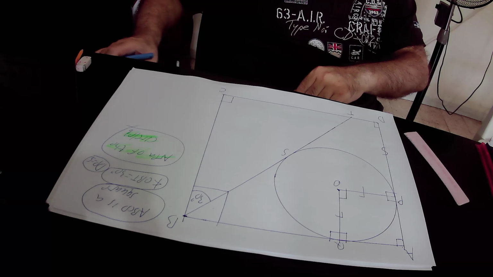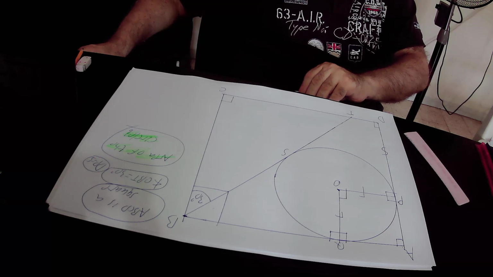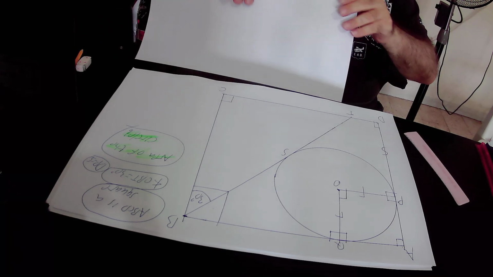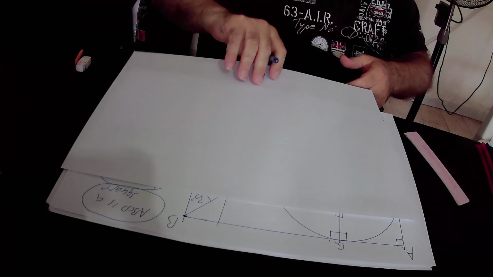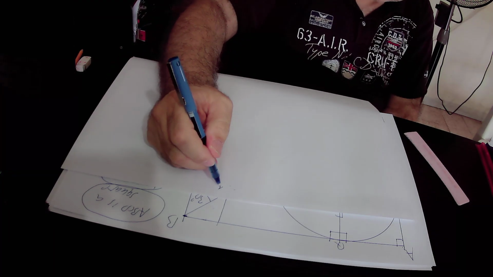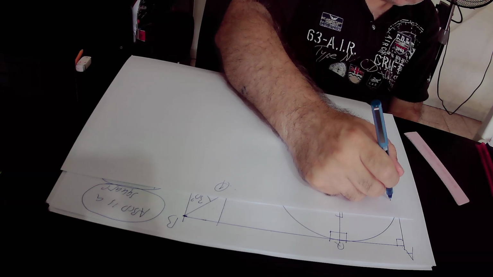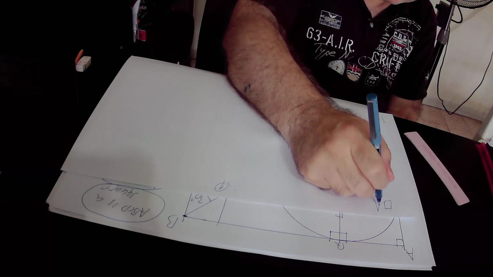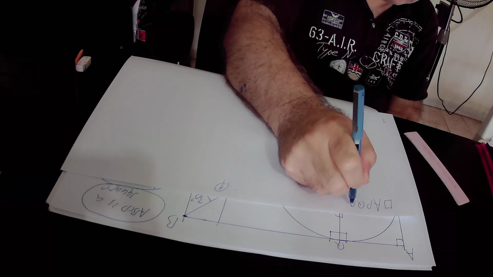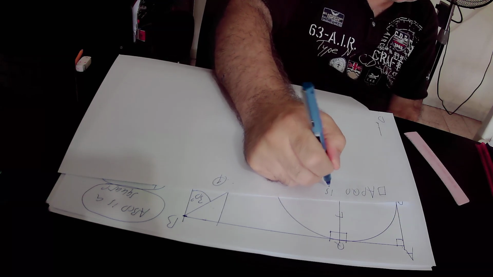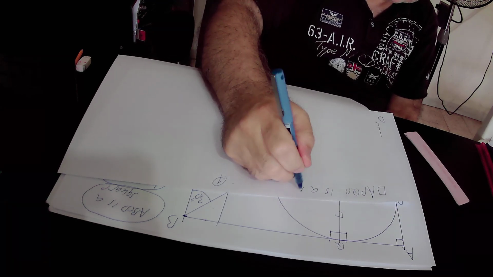Therefore, quadrilateral AQPO is a rectangle because it has 4 right angles.